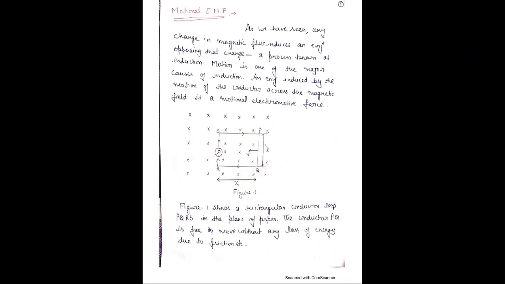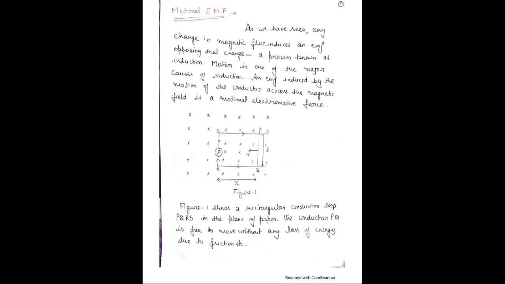Motion is one of the major causes of induction, and the production of EMF due to motion of the conductor is known as motional electromotive force, that is, motional EMF. It means that if we move a conductor, the EMF generated due to the movement of this conductor is known as motional EMF.